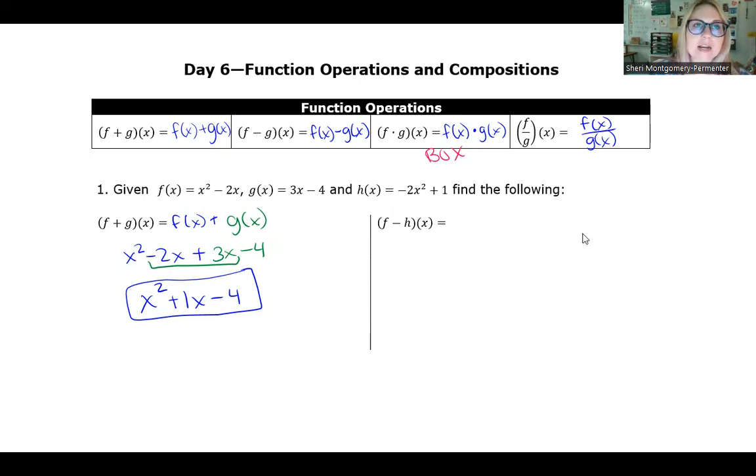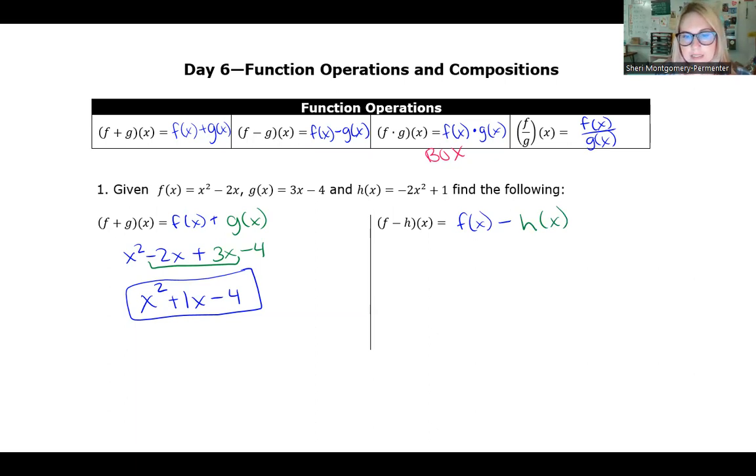The second one, we're going to set it up the same way. The only thing we have to do is be careful when we subtract. So when we subtract, this will be f of x minus h of x. Again, I'll put it in a different color so you can see what I'm doing. Okay, so I'm going to write down my f of x.